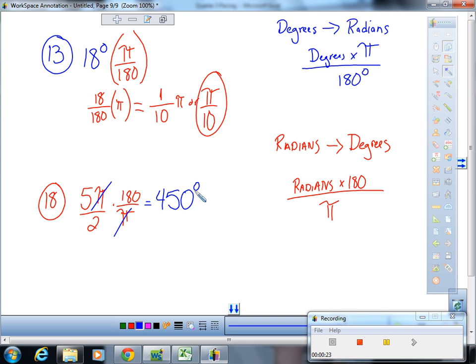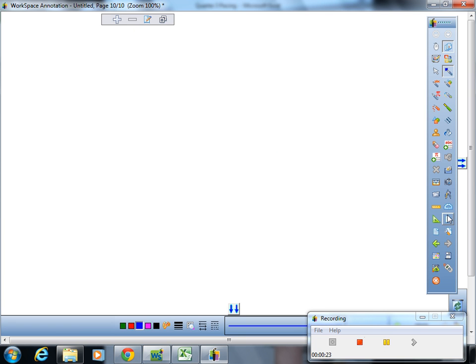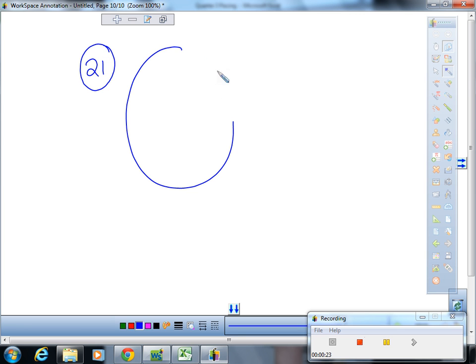Okay, we're going to do one more, and that is number 21. Find the length of each arc, round it to the nearest tenth. We've got a circle.